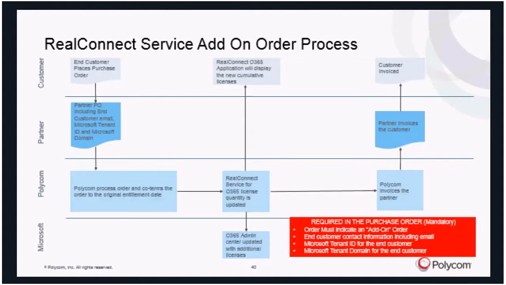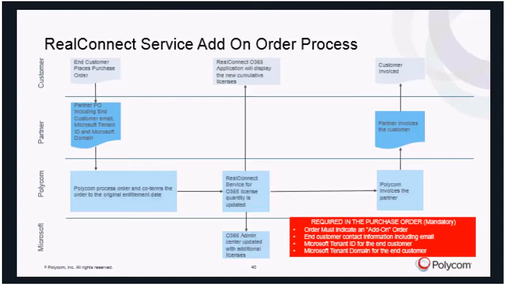What's different if it's an add-on order? Same process, but we're going to also ask you for the customer's Microsoft tenant ID and their domain. The reason for that is you'll notice there's no license keys in this particular workflow sent to the customer. We've already sent them the original license keys. What we do is we go right into activating it on their tenant.